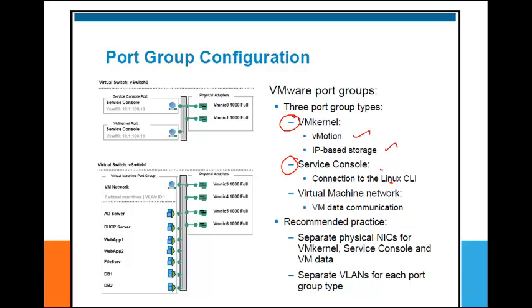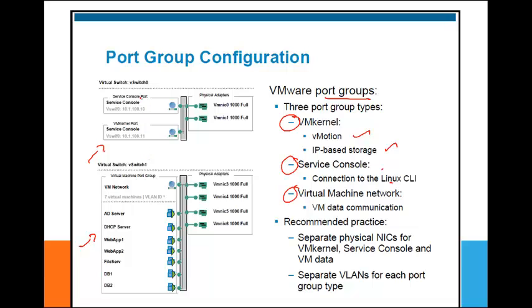Another port group is for the virtual machine traffic. So here we see there are 3 port groups: one for service, another for the VM. We don't have any vMotion or anything here.